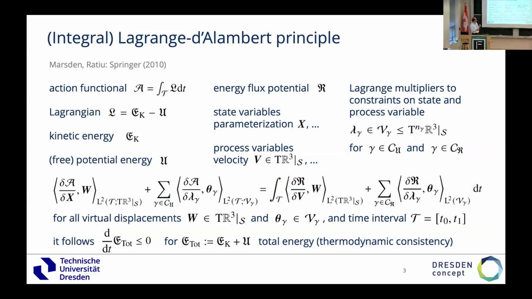Then we have to specify state variables, which in the simplest setting is the parametrization of my surface, and process variables, which in the simplest setting would be the velocity. This notation T stands for a 1-tensor field in R3, but restricted to the surface.